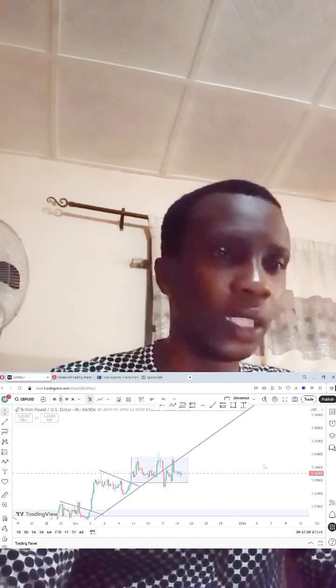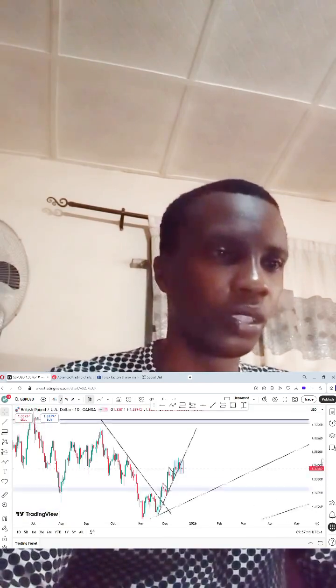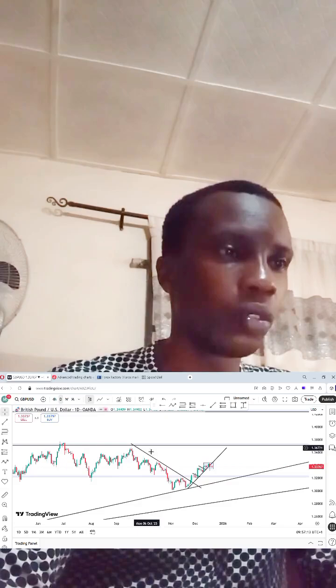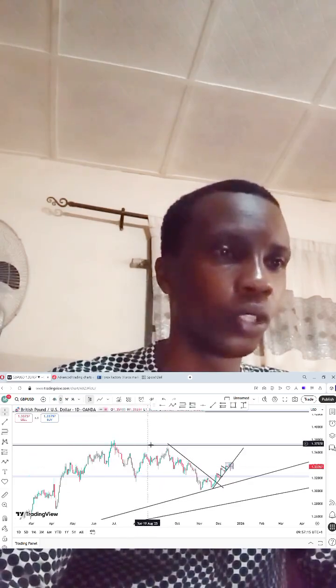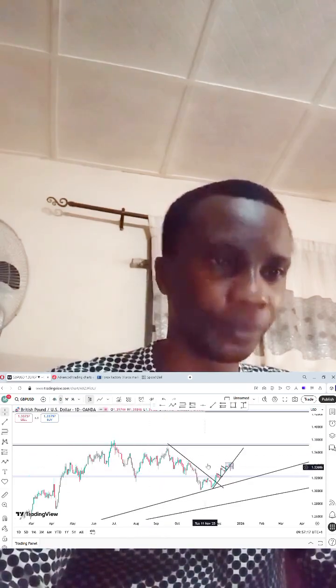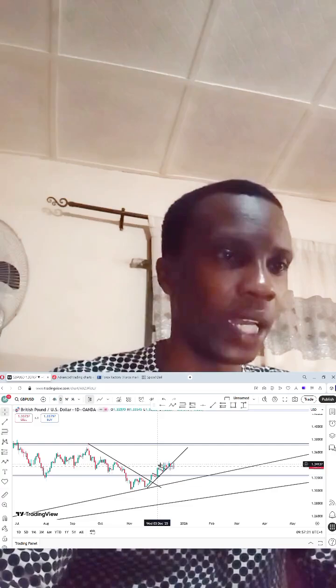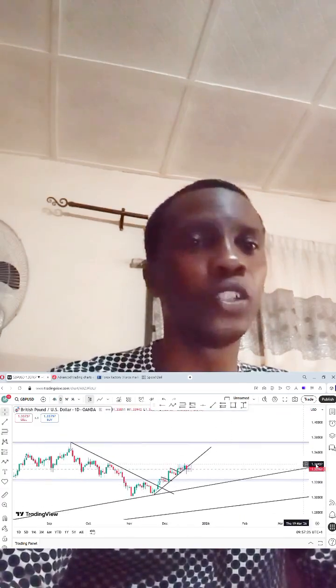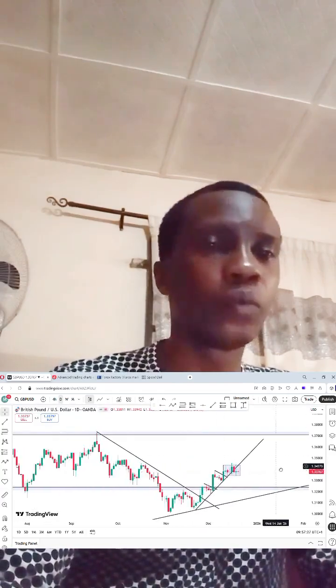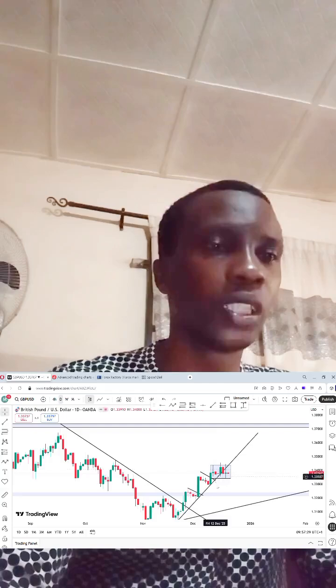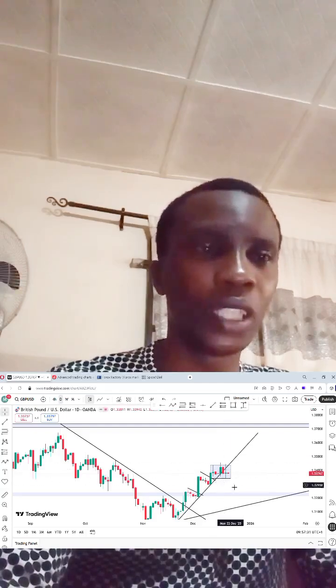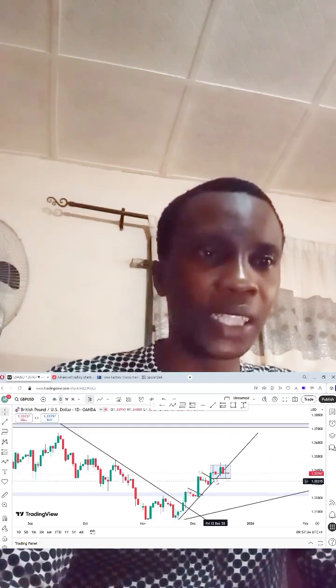So let me look at the daily time frame. Let me see how the daily time frame is doing. So right here, this was a sell-off. Price came, it broke out, a higher high, higher low, and even on the daily time frame, it's also confirmed that we have a cluster of candles still printing and closing in a vertical line right here.